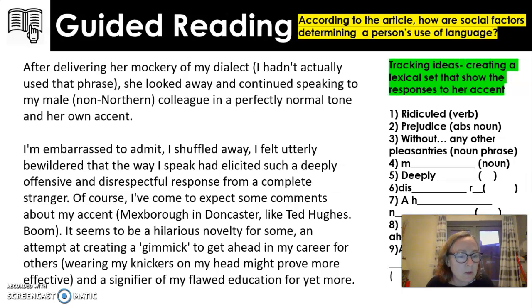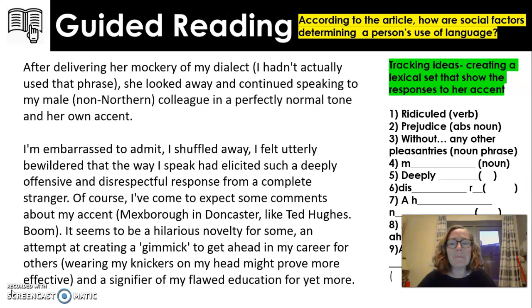I have done some clues here to help you track those words, either using the beginning letter or the beginning part of the phrase, just to guide you through. You're going to press pause in a minute and complete as many of these as you can. Once you've found the phrase, I'm encouraging you to look and label it. So, as I've got, ridiculed is a verb, prejudice an abstract noun. Take your time, look for the words, and then allow yourself to add the linguistic label. So we're going to press pause now, and we'll do the answers together in a minute.